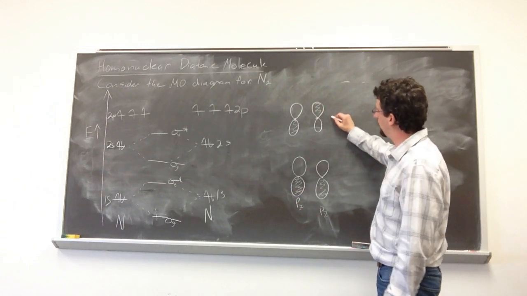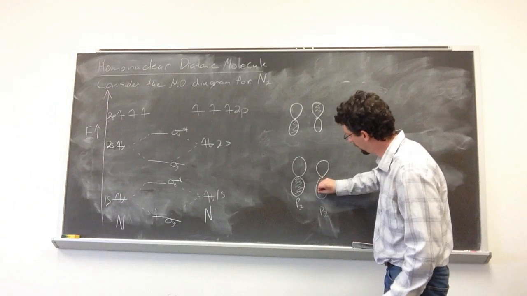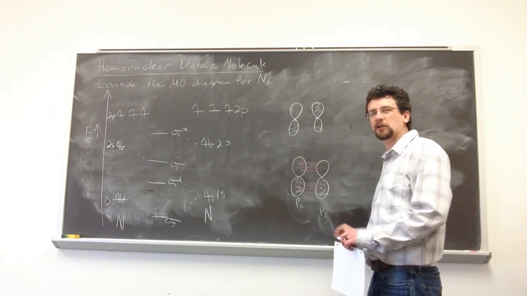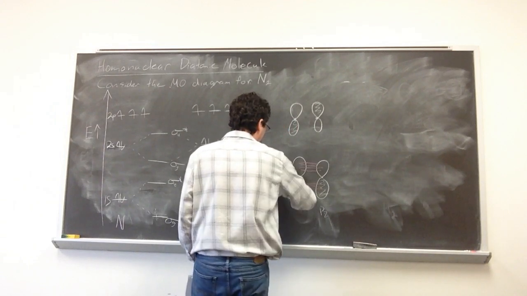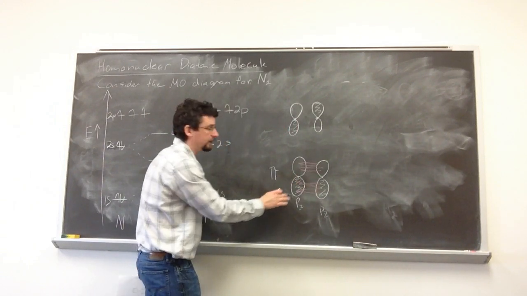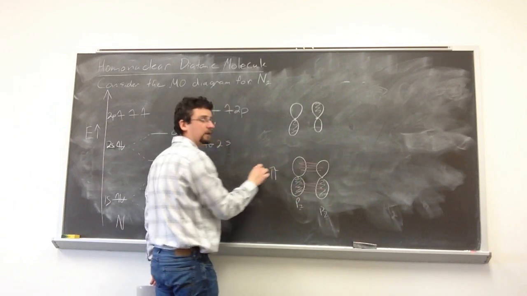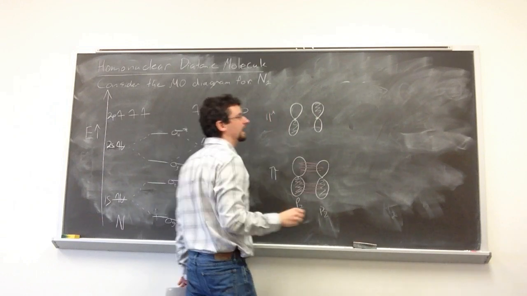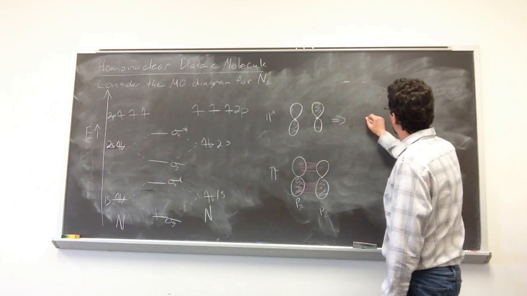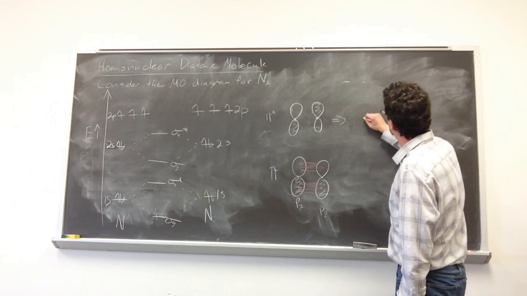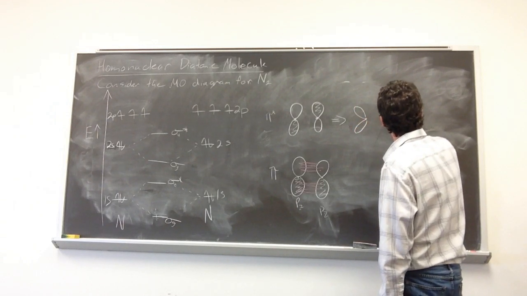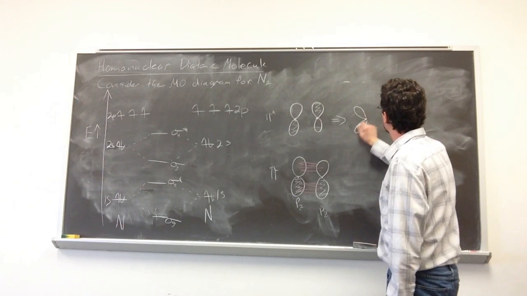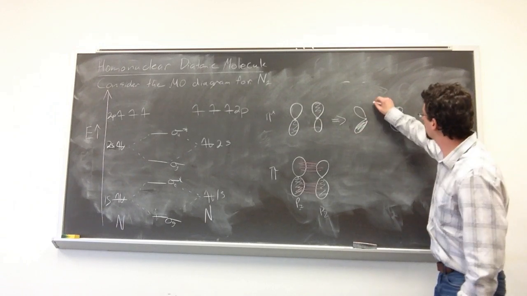If we look at the type of overlap we're going to have here, it's going to be in two regions, so these are actually pi orbitals. There's constructive overlap between these two lobes and these two lobes. So this is going to be the pi bonding, where this one is going to be the pi star, or the pi anti-bonding. If we allow these orbitals to mix and look at their overlap, we should get an orbital that looks like this.